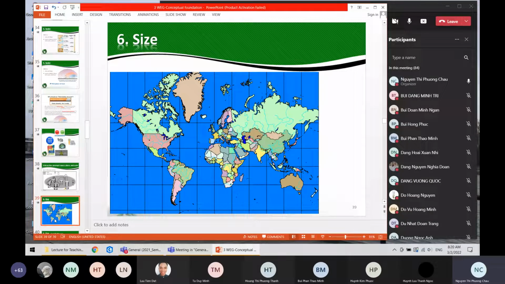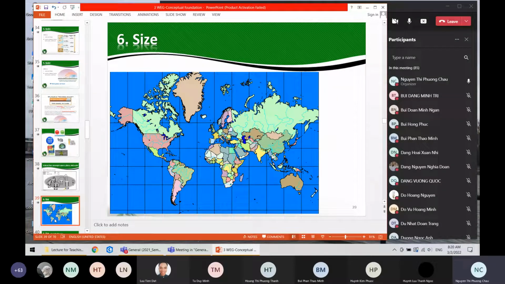The biggest is Russia, then maybe Canada, United States, China, Australia, but many others are smaller and very small in size.